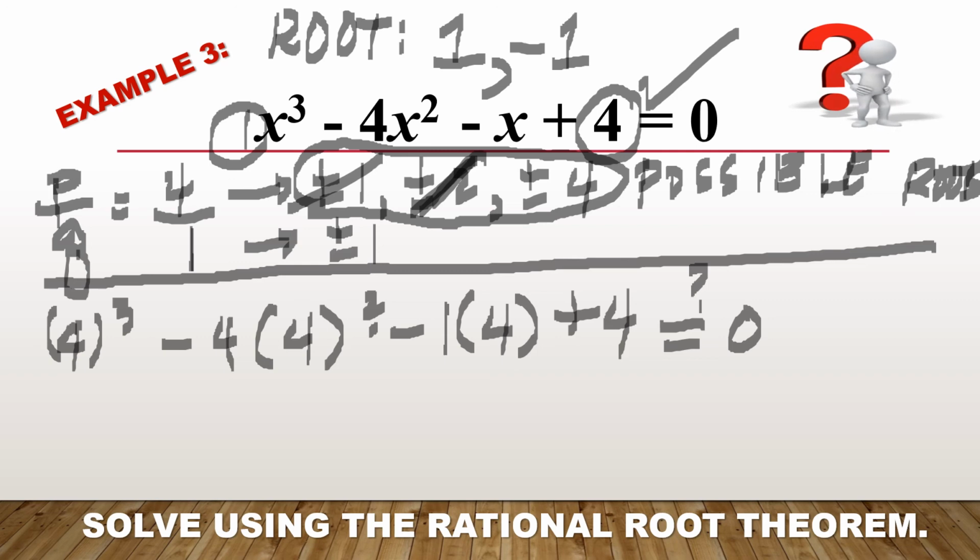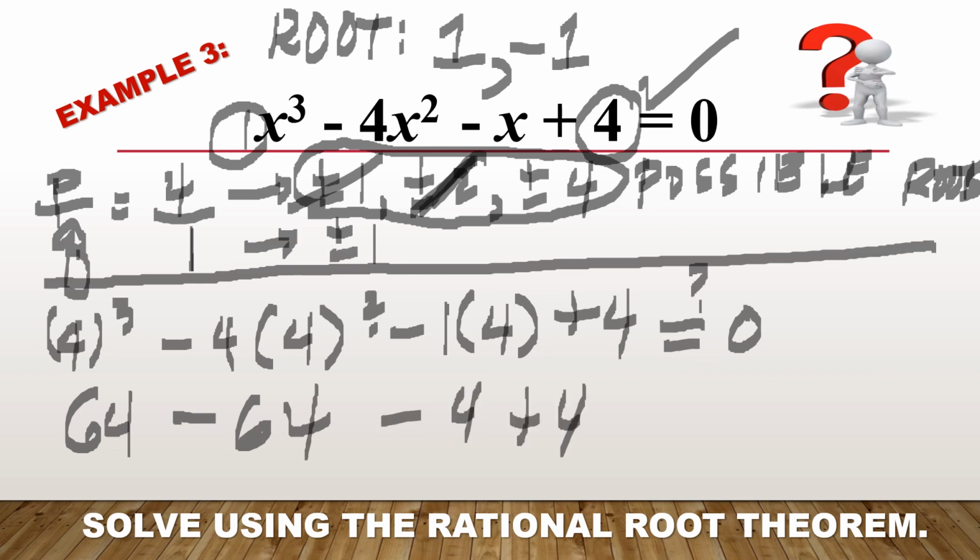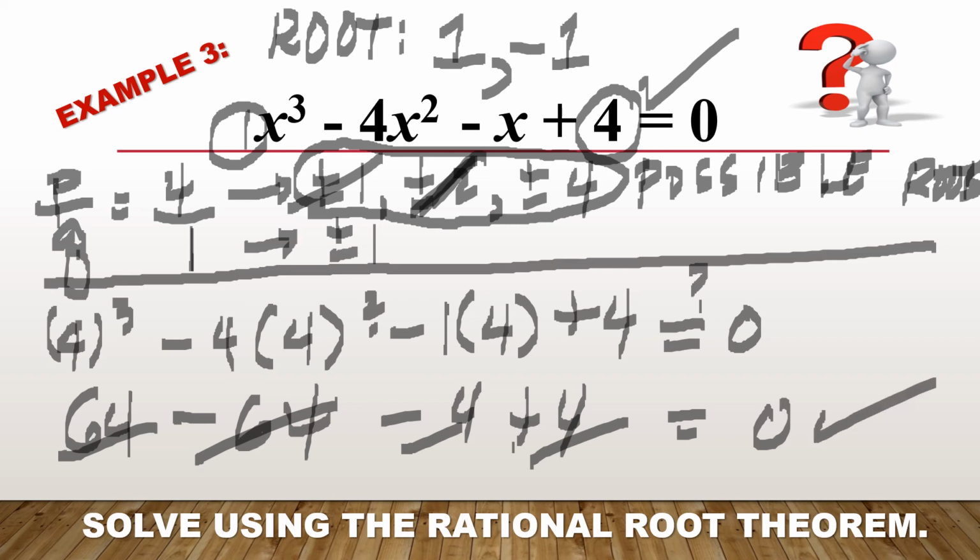I think it's 64. 4 times 4 times 4. Yes, it's 64. And then 4 squared is 16 times 4, times negative 4, that's negative 64. And then minus 4 plus 4. So I think we can get 0 here. 64 minus 64 is 0, negative 4 plus 4 is 0. So therefore, positive 4 is a root. So let's include 4 in the list of roots.